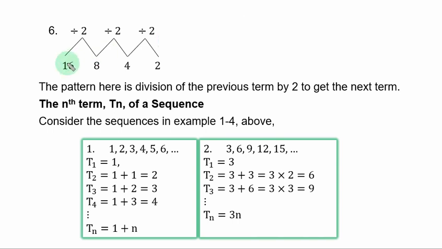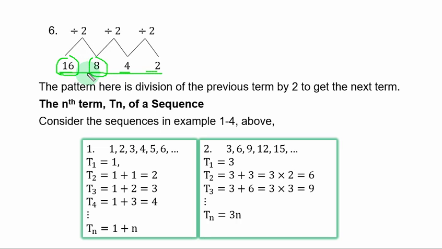Example 6, we have this sequence and the pattern is needed. 16 is the first term, 8 second term, 4 third term, 2 fourth term. If you observe very well, if you divide the first term by 2, you have the second term.